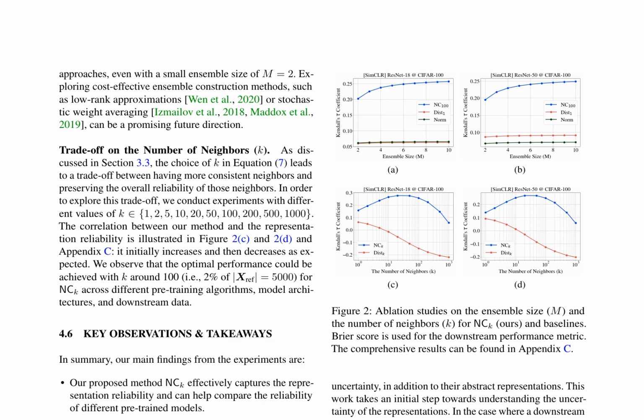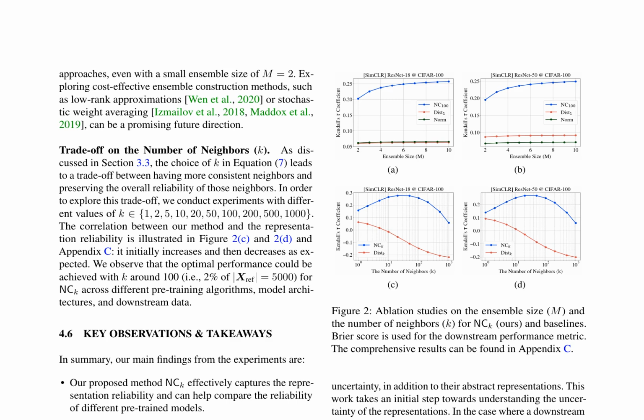Evaluating the quality of representations in self-supervised learning is crucial for ensuring the trustworthiness and responsibility of pre-trained models. This study introduces a mathematical definition for representation reliability, a key concept in this context. Existing uncertainty quantification frameworks are inadequate for estimating uncertainty in representation spaces, prompting the derivation of a novel estimate for representation reliability.